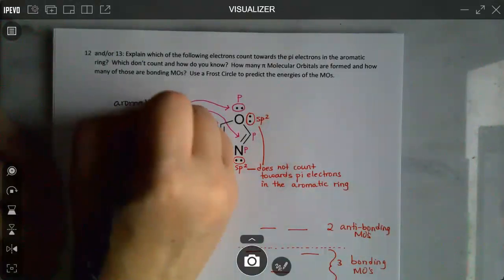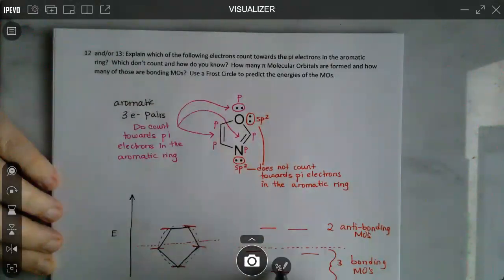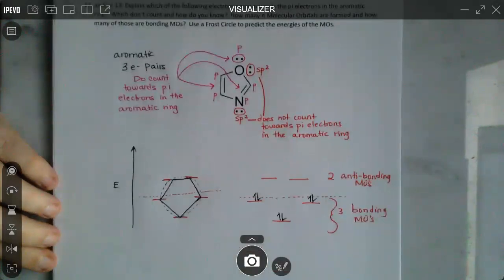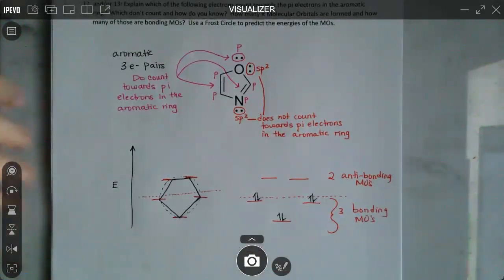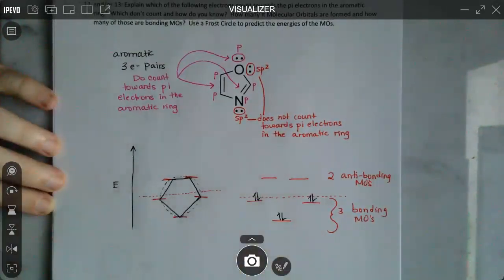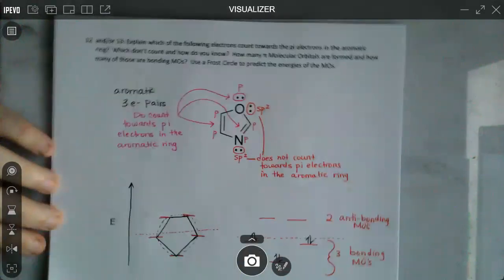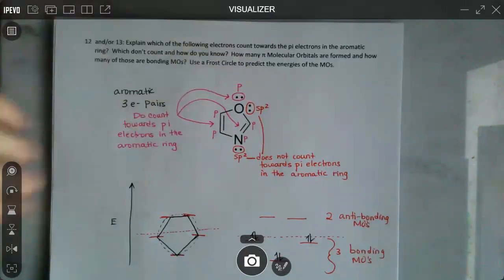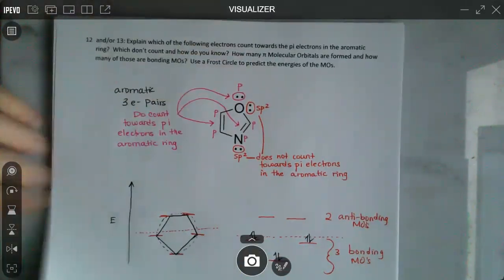And those 3 electron pairs are going to fill the 3 bonding molecular orbitals, which is a very stable situation, resulting in the aromatic stability that we note with the lack of reactivity of aromatic compounds.